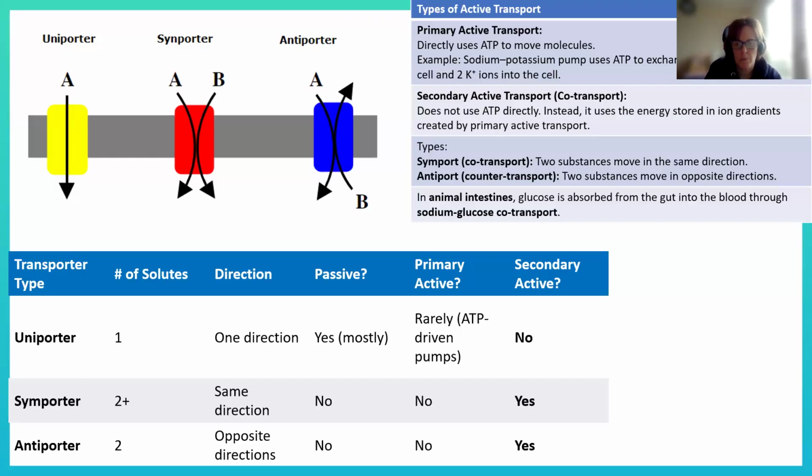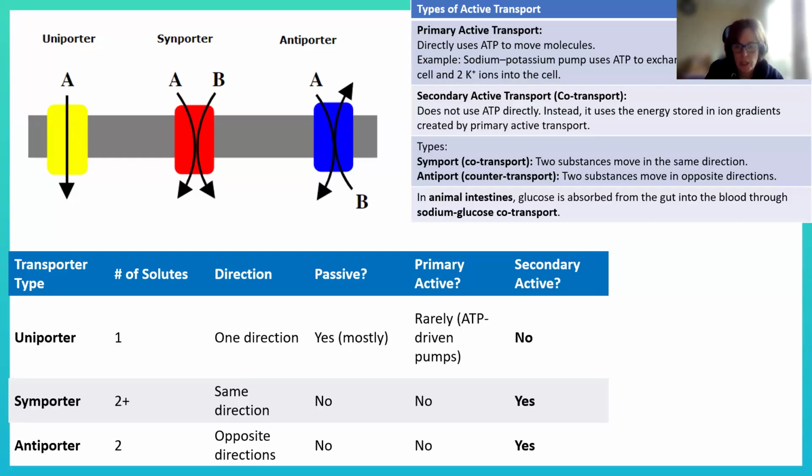If you're studying movement across the membrane of any particular substance and you're going into more detail and more depth, look at each protein across the membrane individually and look at what it's doing and learn for that molecule.